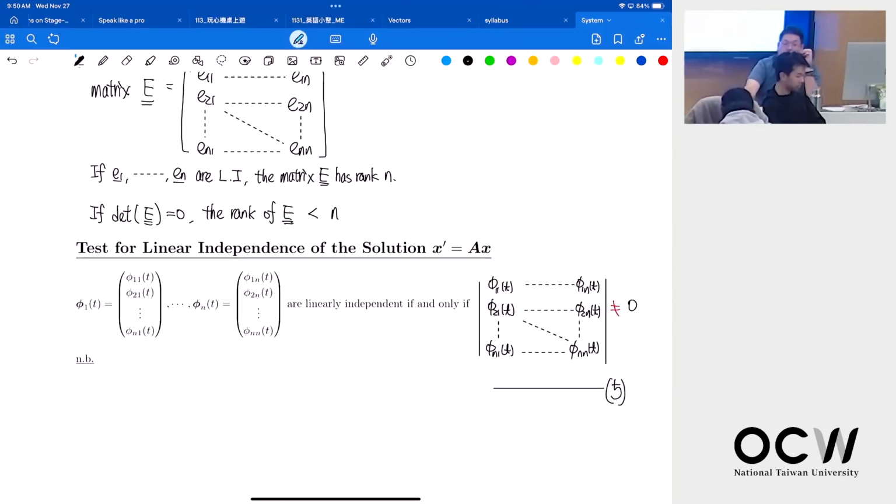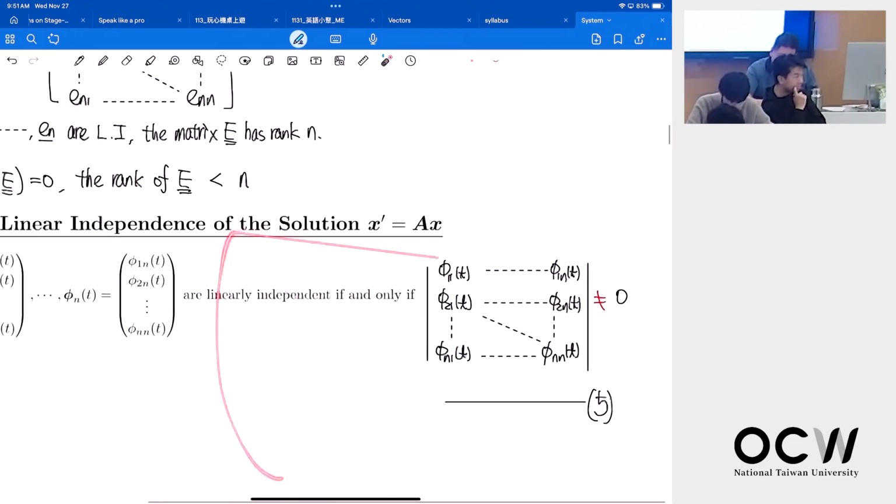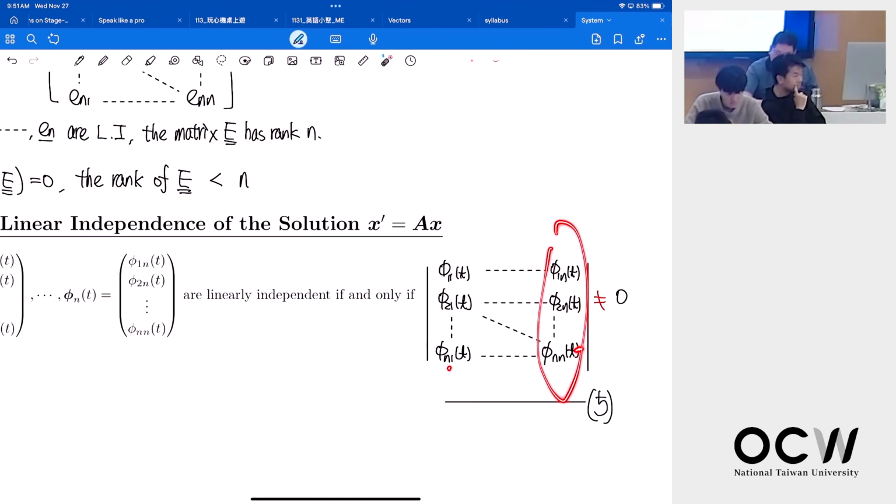Any questions so far? I expect there should be a question here. We know the determinant shouldn't be 0, right? But you can see now that phi 1(t) to phi n1(t) is a function of time, right?